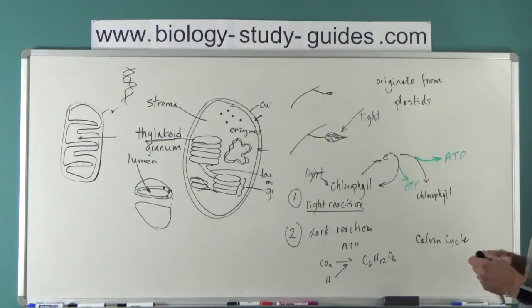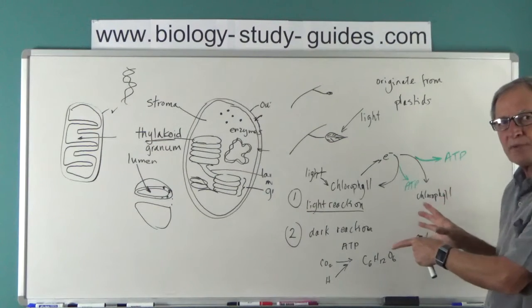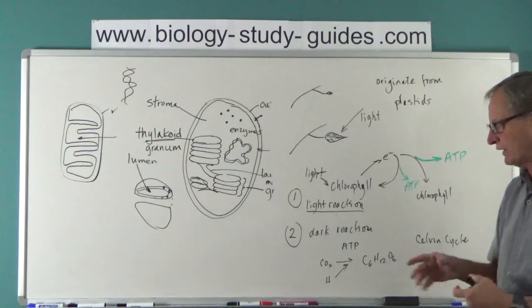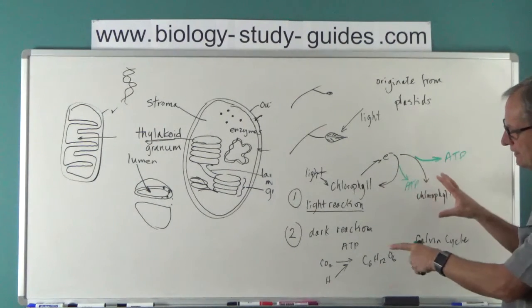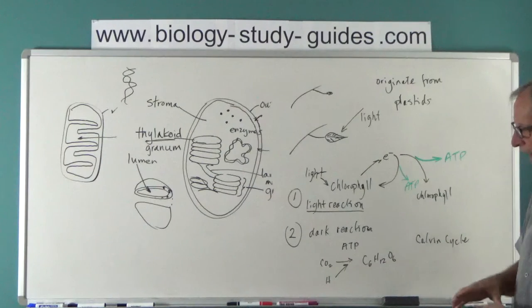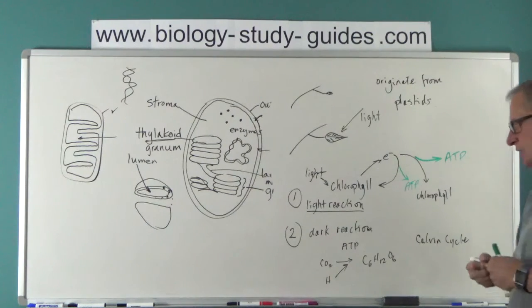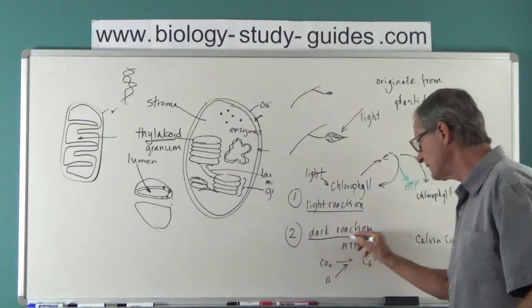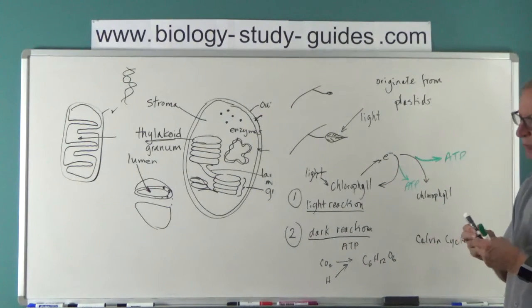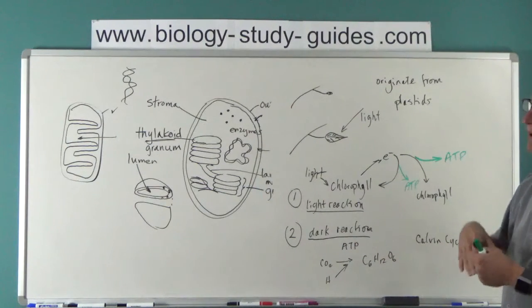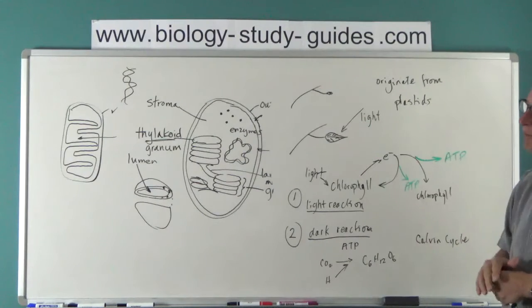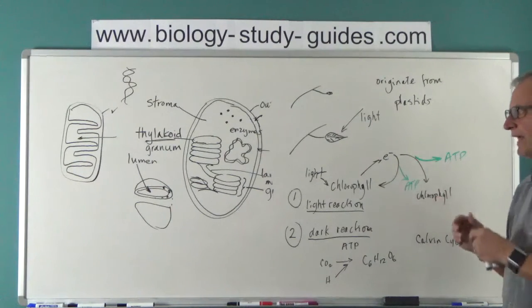This topic is a topic of a different video, to get into all of the details of how these reactions actually occur. But the reason I want to mention it now is because I'm trying to draw contrasts and comparisons between what goes on with mitochondria and chloroplasts.